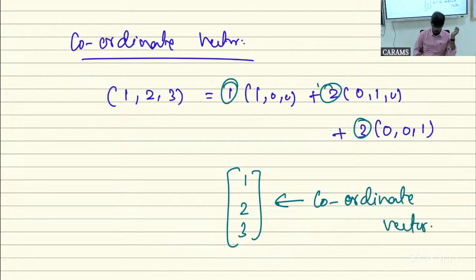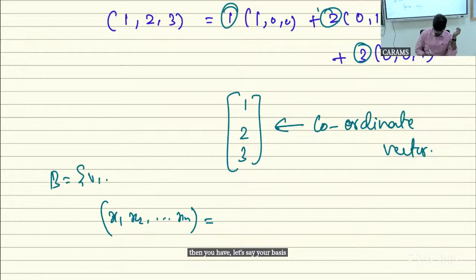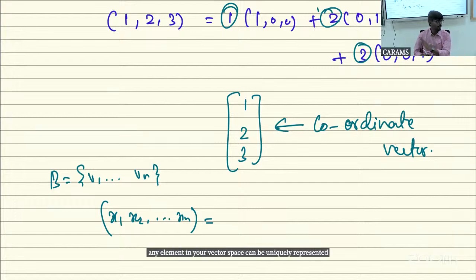Typically, if you have x1, x2, and so on up to xn, and a basis v1 and so on up to vn, the first thing is that with respect to a basis, any element in your vector space can be uniquely represented by a linear combination. Meaning the linear combination that you write with respect to that basis is unique.